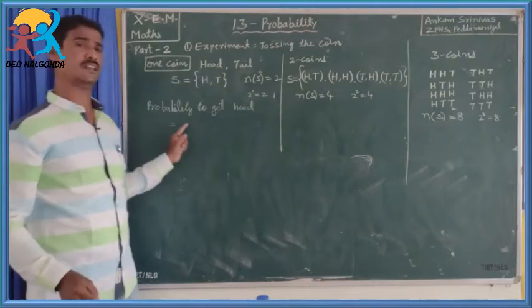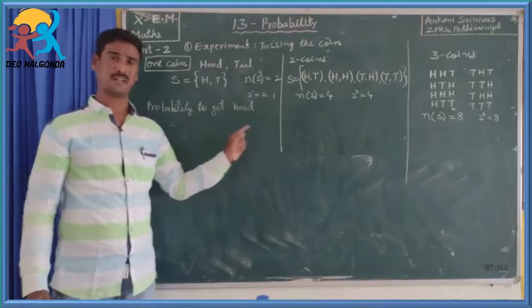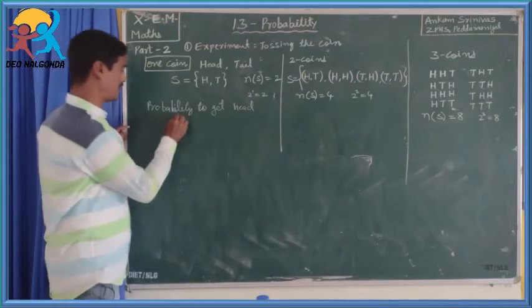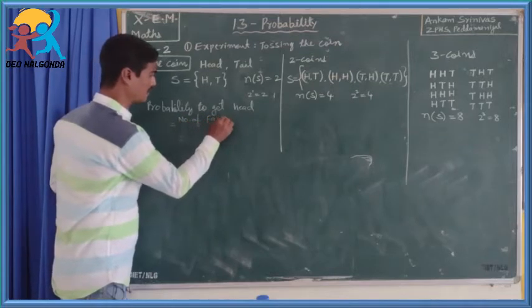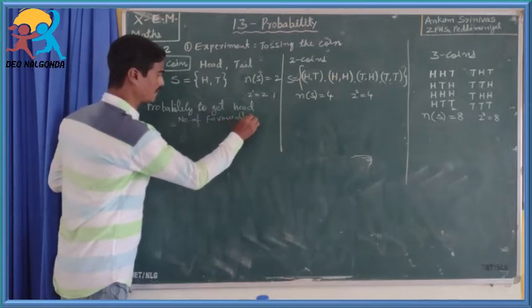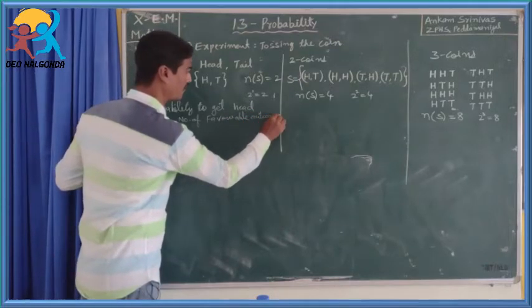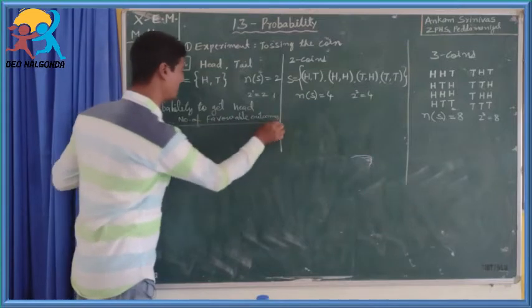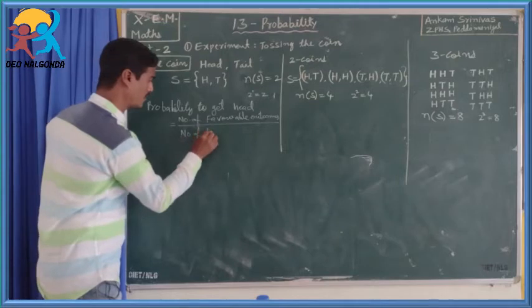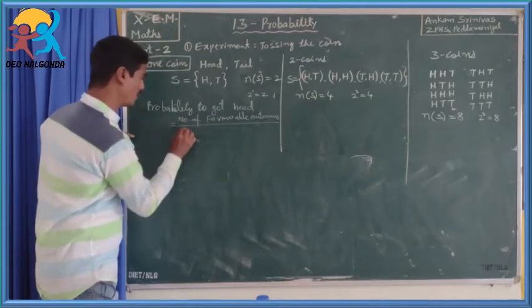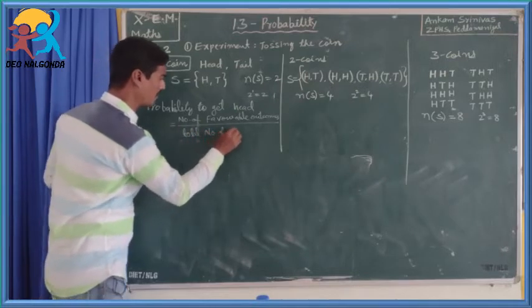We know the formula: probability equals the number of favorable outcomes by the total number of outcomes.